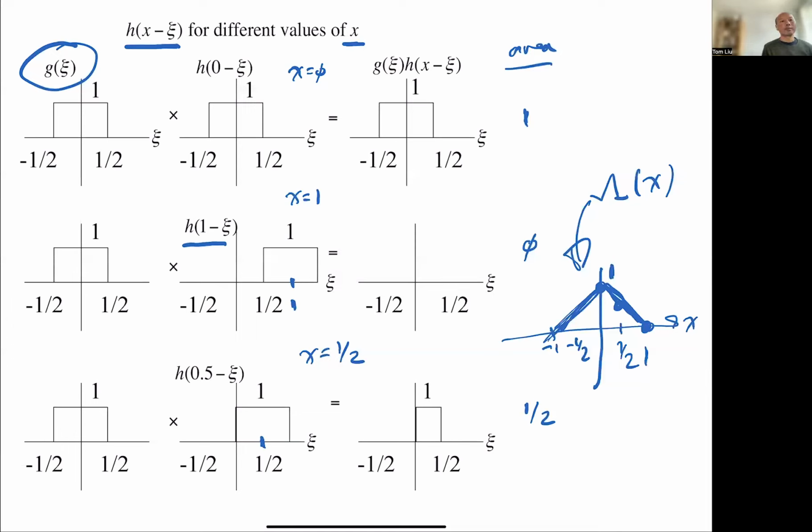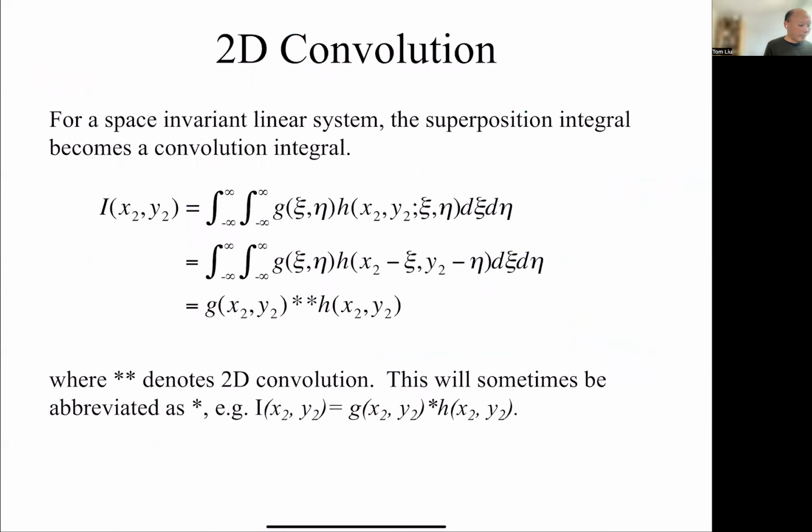All right, so that's a simple example of 1D convolution. For the last few slides, we're just going to talk about 2D convolution. Obviously for imaging, we have to think about 2D convolution, but to do a 2D convolution by hand is really hard. It's just a lot of algebra. So typically we're going to just do that using MATLAB or let the computer do it for us.